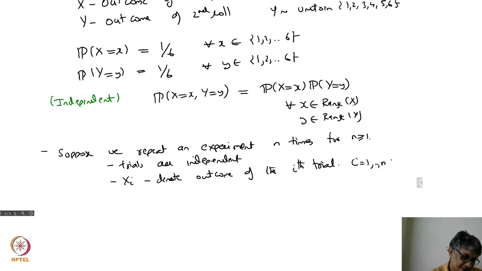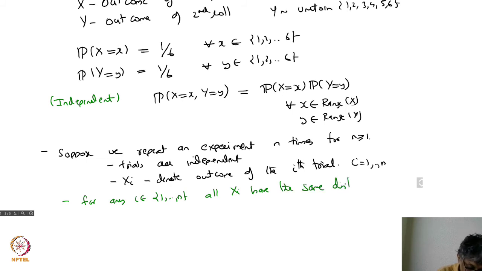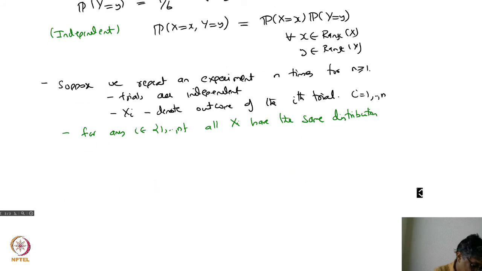So from this, there are two immediate consequences. One is, for any i in, let's say, 1 up to n, all Xi have the same distribution. That's one thing, and for i not equal to j, Xi and Xj are independent.